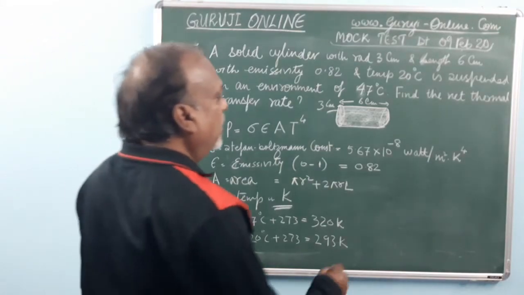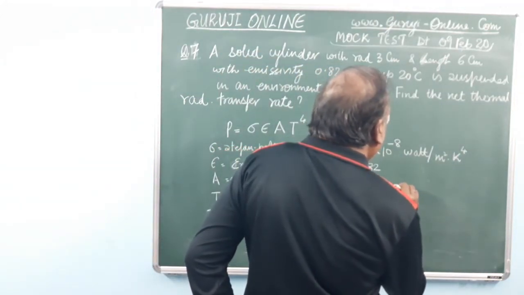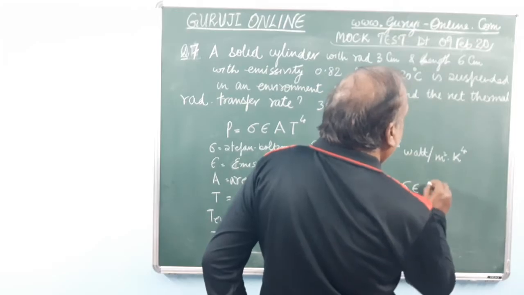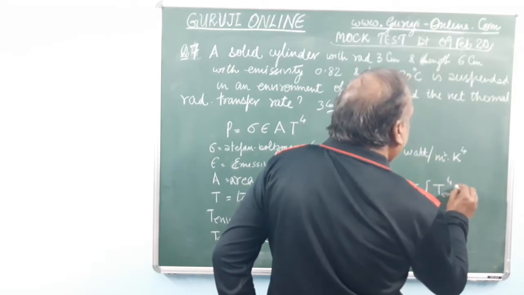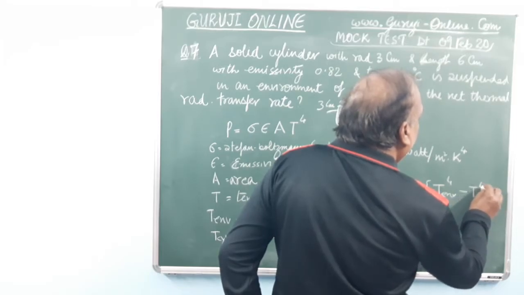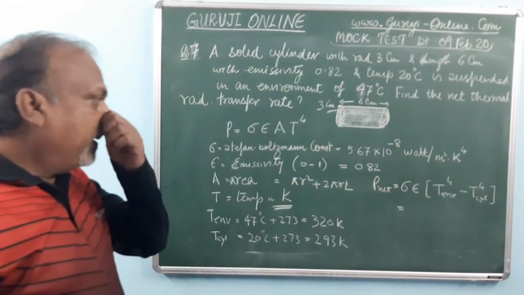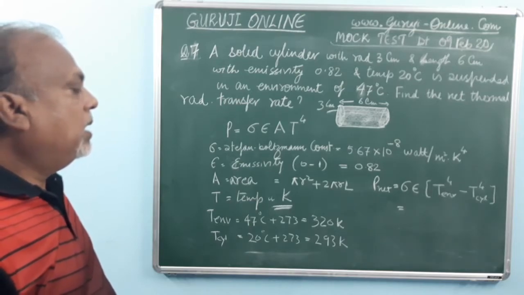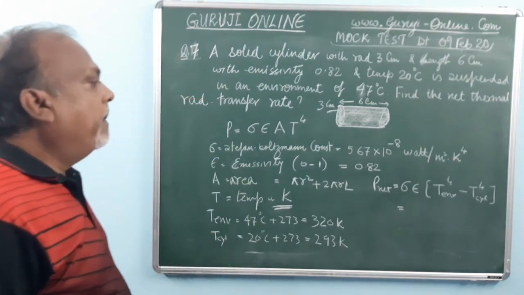So we can find out the P net. It is nothing but the difference, minus, this is the net radiation transfer rate between the cylinder and the environment.